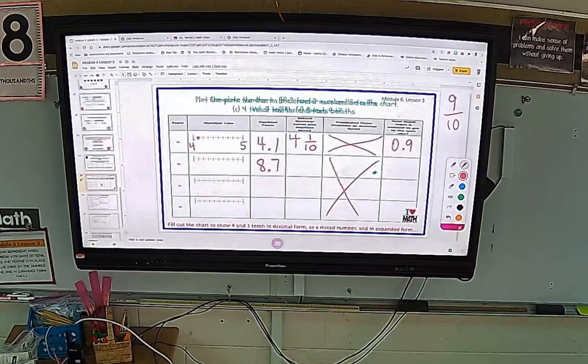I just want you to try, and then we're going to talk about them and see if you are on target there. Okay? The number is 8.7. So you're going to draw a little number line. You're going to write it as a fraction. And you're going to write how much more you need to get to the next whole number.